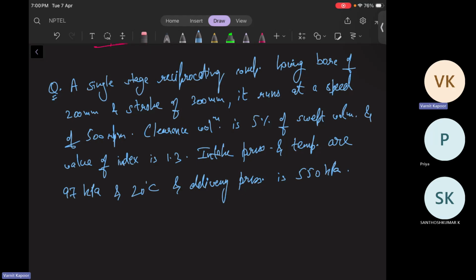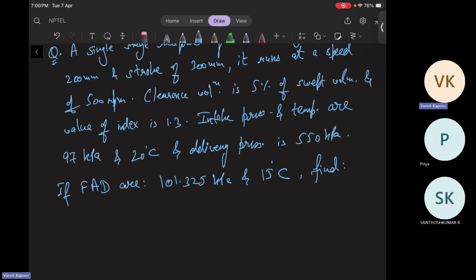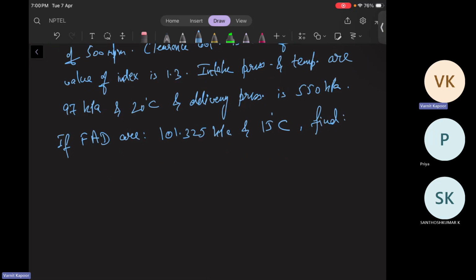If free air delivery conditions are 101.325 kilopascal and 15 degrees Celsius, then find first free air delivery in meter cube per minute, second power required, third volumetric efficiency.